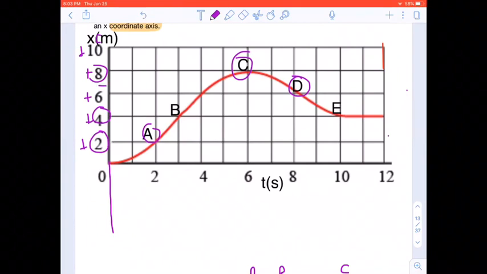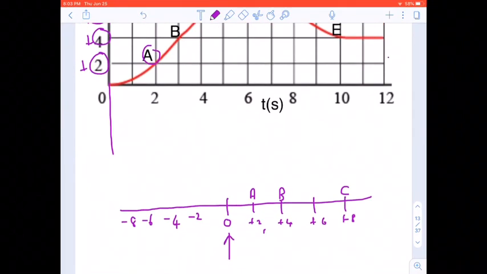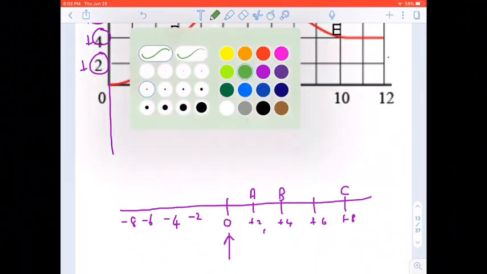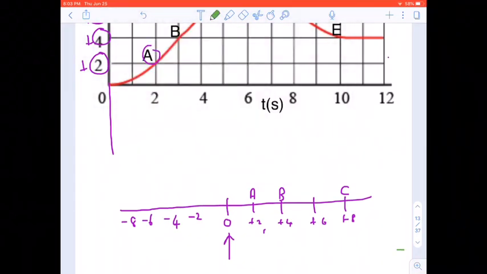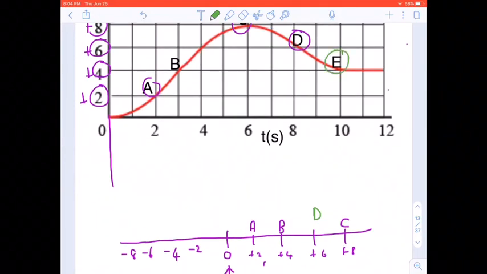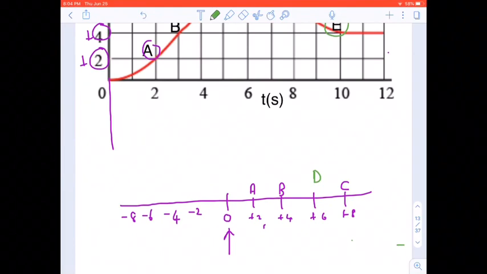And then D is at 6, so D, we could maybe take a different color just to show. So now from C, the next is D, and D is at 6, and then from D the next one would be E, and E is at 4, so we have E there.